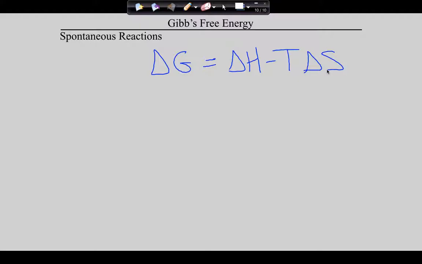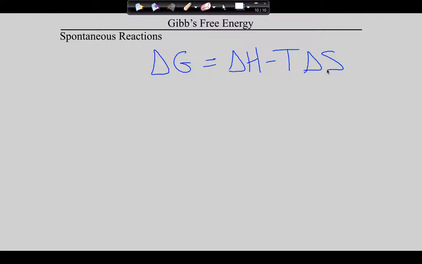But now we've brought in this idea that we can explain why this is spontaneous. What allows this to be spontaneous even though it's endothermic? The entropy is going up, and it is going up more than the energy is going up. So this is more disorder creating than it is energy absorbing. Does that make sense?